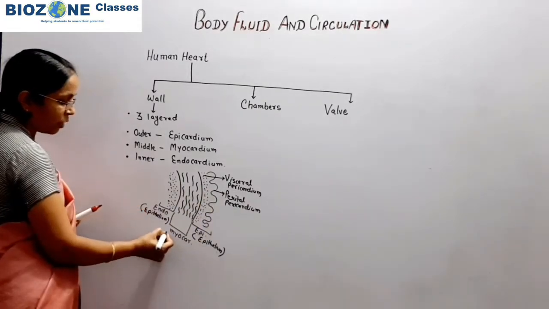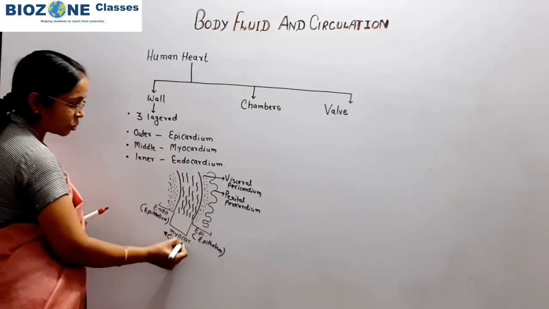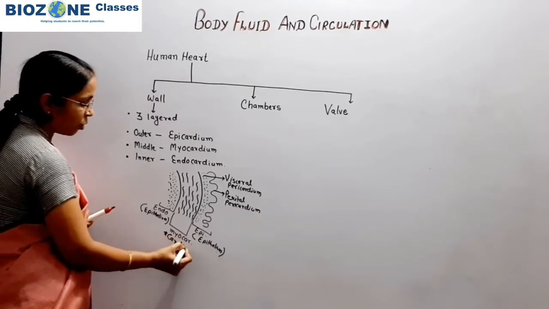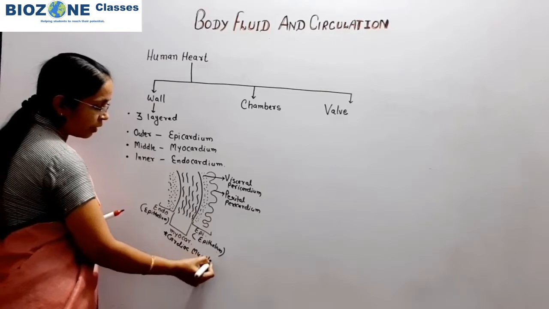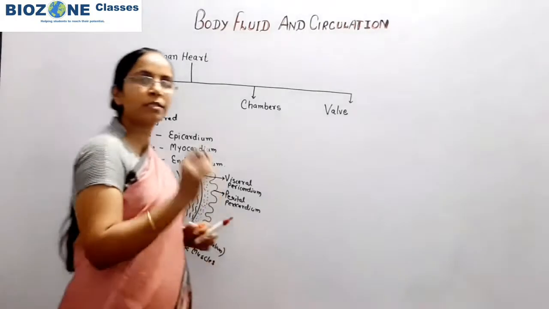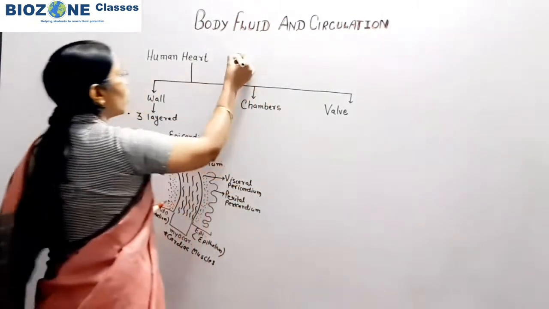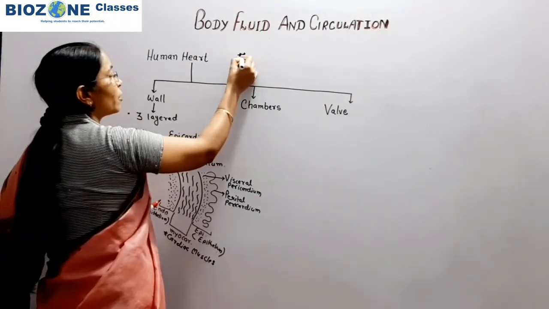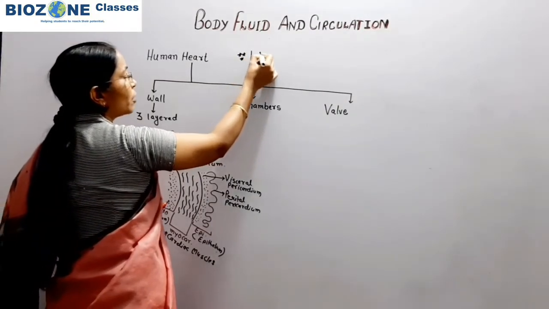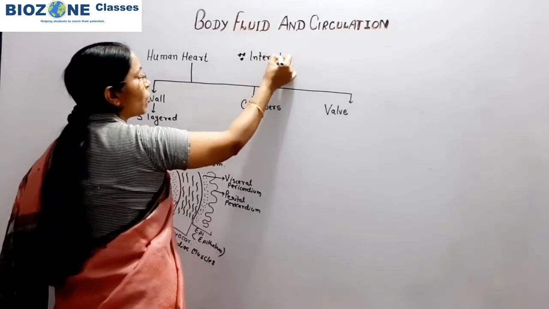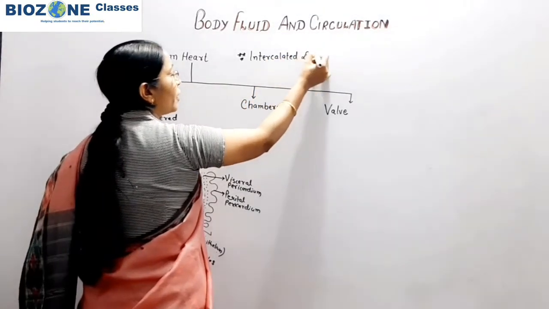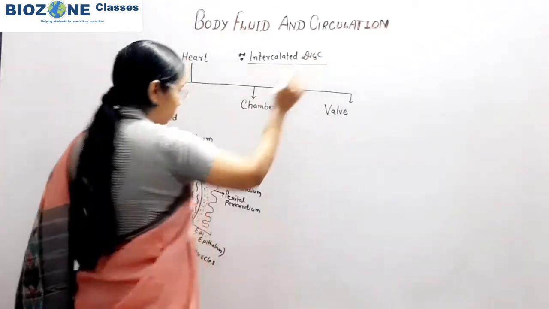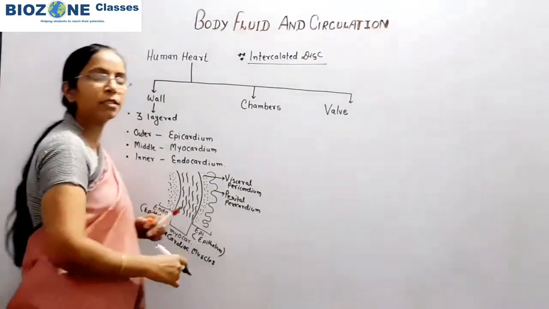Myocardium you remember, myocardium mainly consists of cardiac tissue or cardiac muscles, and the identical property of cardiac muscle you remember is the presence of intercalated disc. Intercalated disc is the identical property of the cardiac muscles.